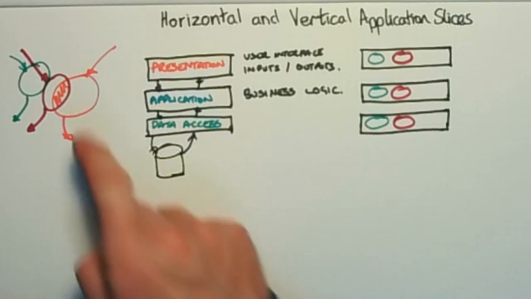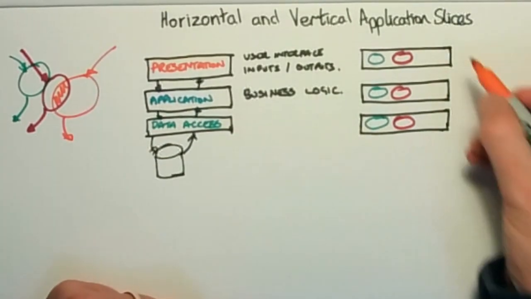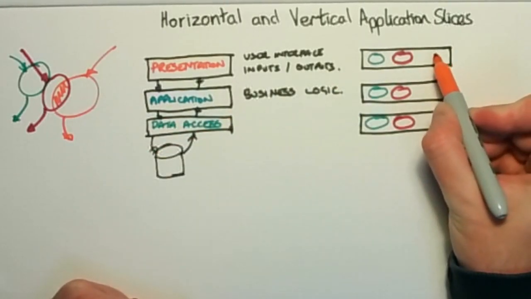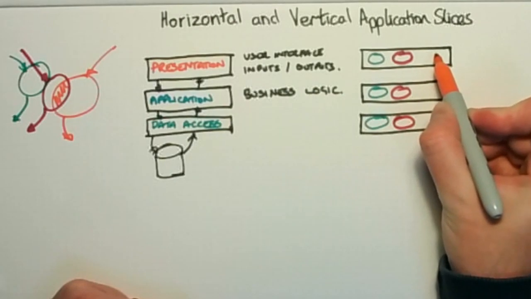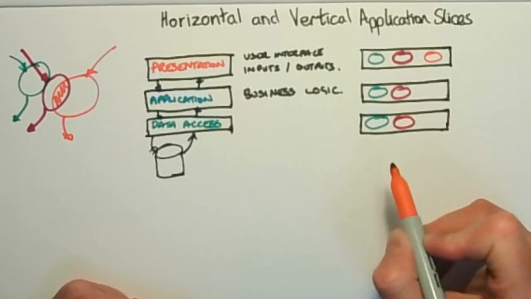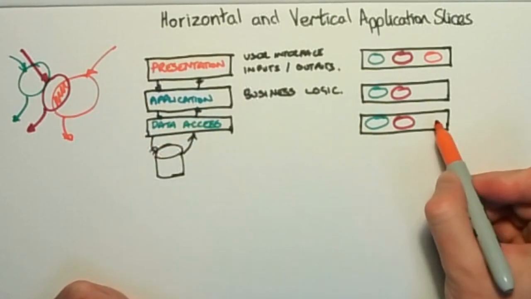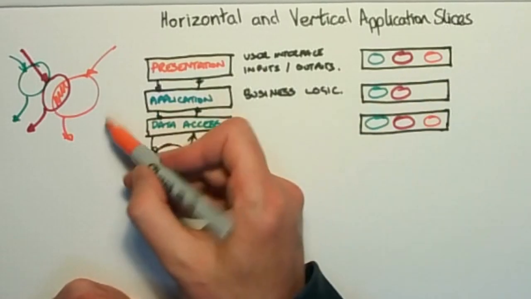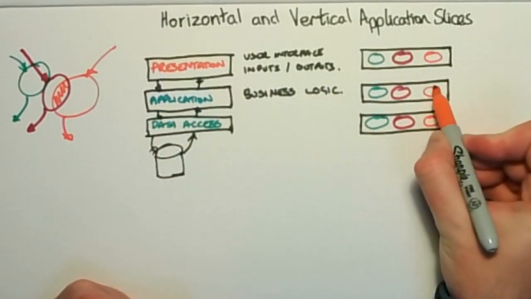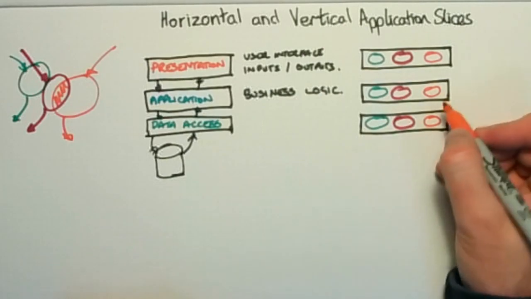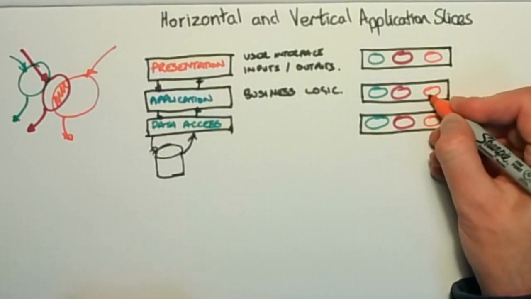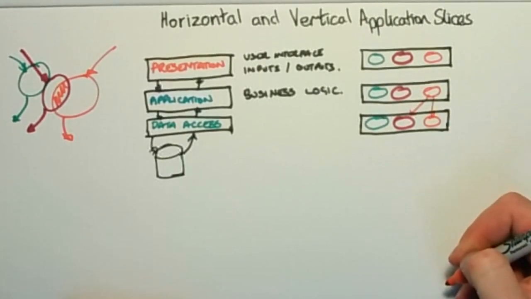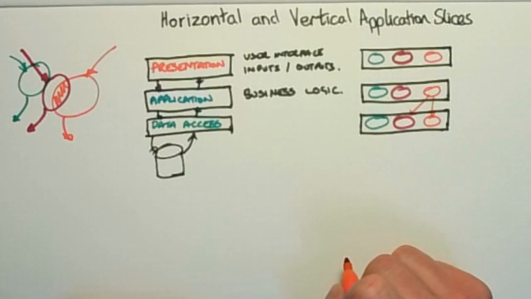Last but not least, we've got a third piece here. Now, I'm going to do something slightly different here. We've got the presentation layer, and it'll have its data, but its application layer may well talk to both of these data access layers.